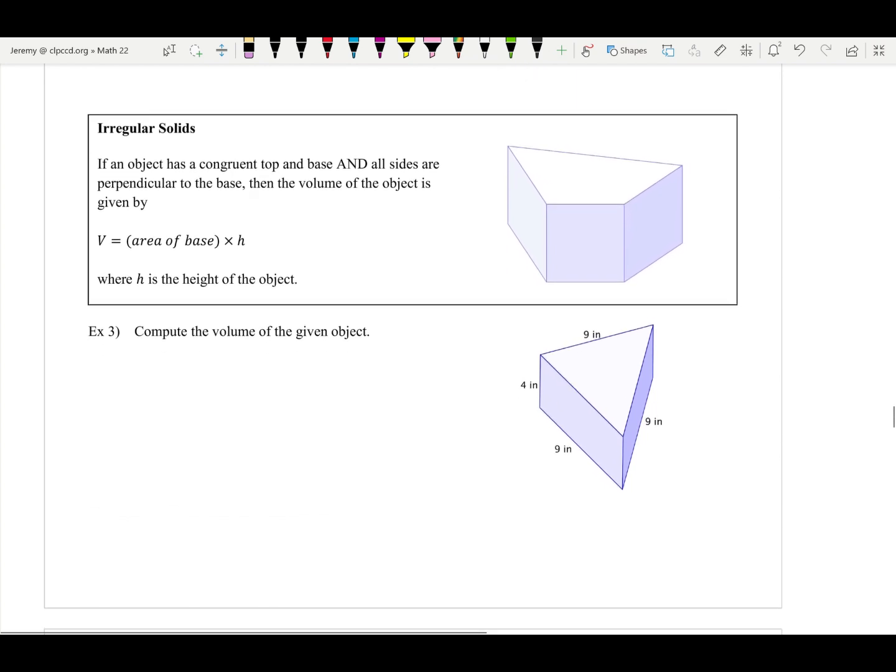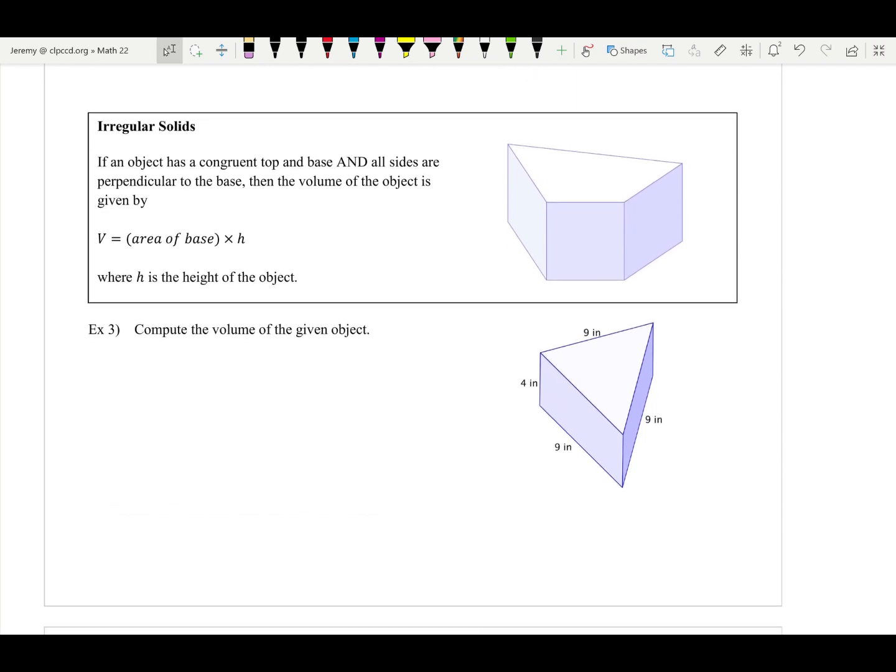Let's talk about irregular solids. If an object has a congruent top and base and all sides are perpendicular to the base, then the volume of the object is given by this really nice formula, which is just the area of the base times the height.